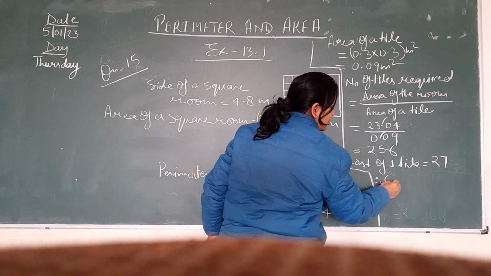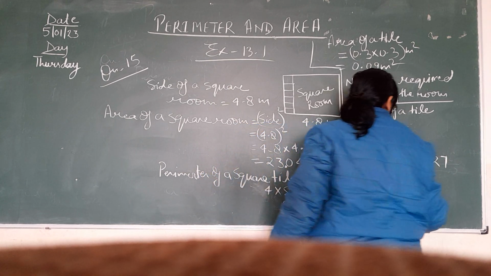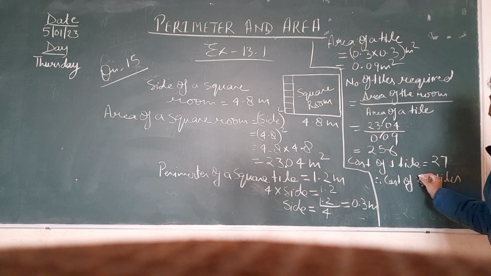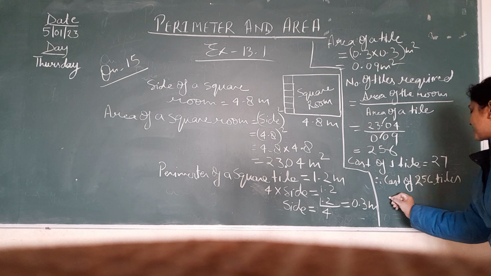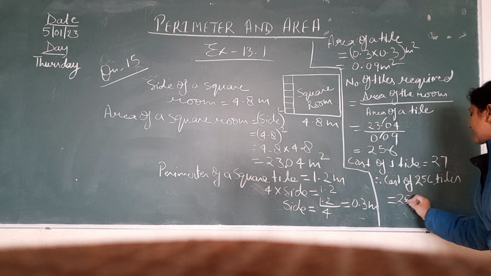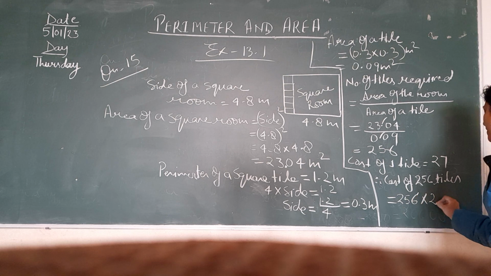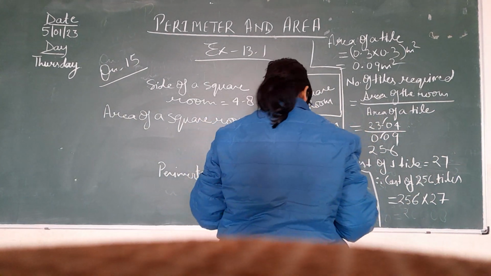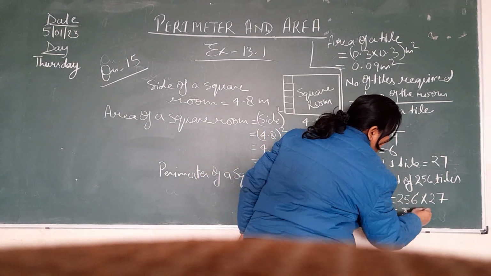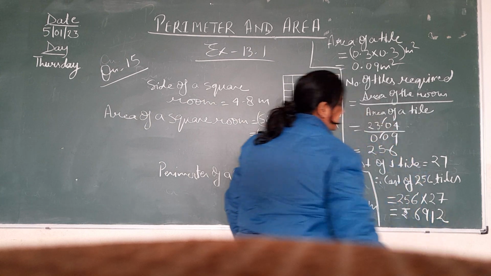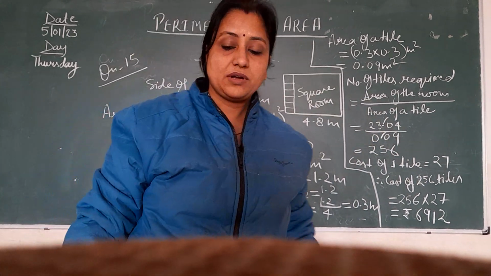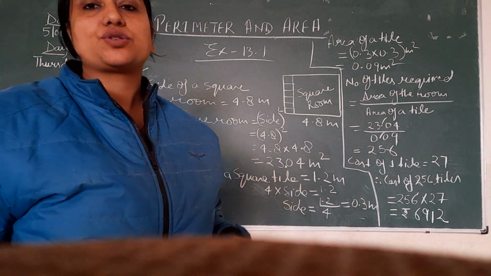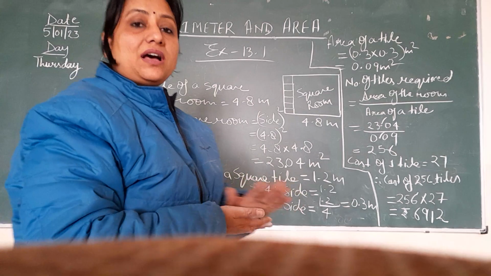Therefore cost of 256 tiles is equal to 256 into 27. Multiply it, and after multiplying we will find the answer 6912. So we have to give 6,912 rupees to cover this square room with square tiles.